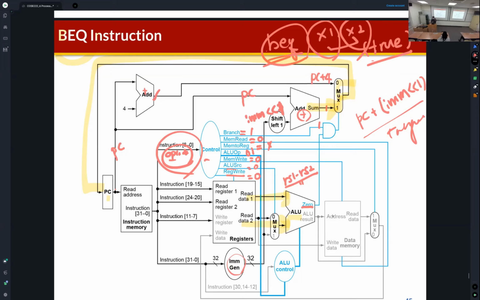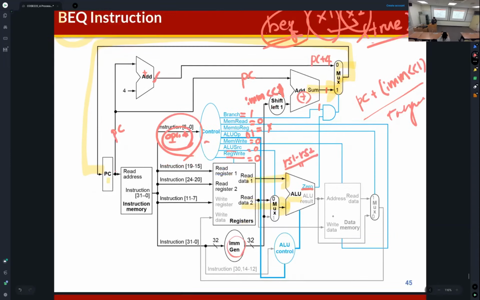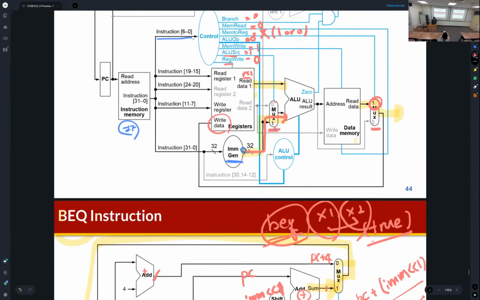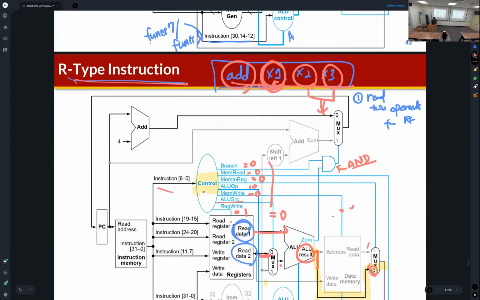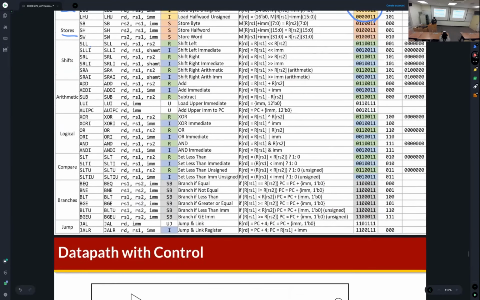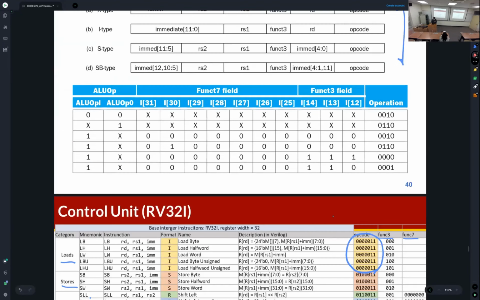So if we know the definition, if we know the required operations by the current instruction, then we can easily decide the control signals from the control unit. Okay. I hope everyone can understand. So this is the control unit part of the single cycle processor.